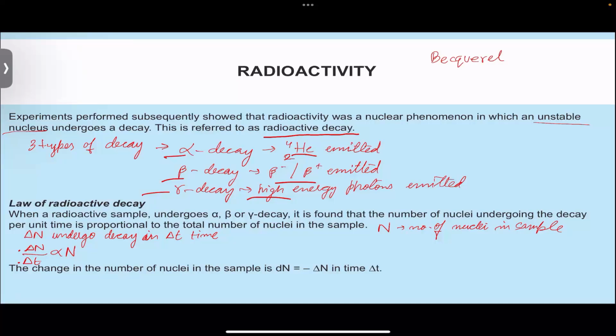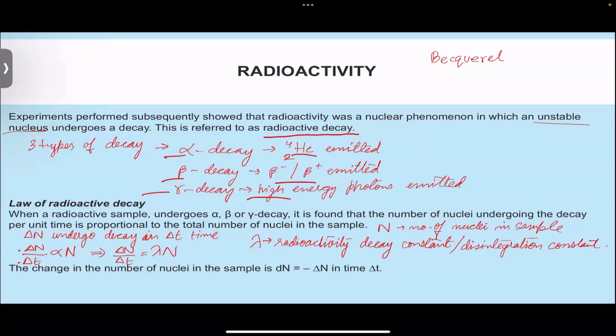Now, to remove the proportionality, we introduce a proportionality constant, lambda. So we get ΔN/Δt = λN, where λ is called the radioactivity decay constant, or the disintegration constant, as in the nuclei are disintegrating into different nuclei. So this is the law.